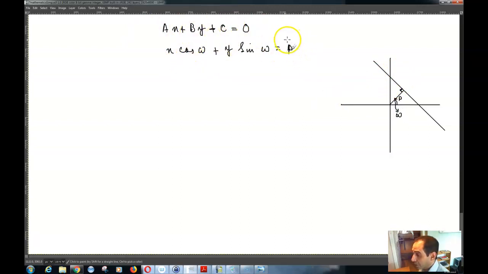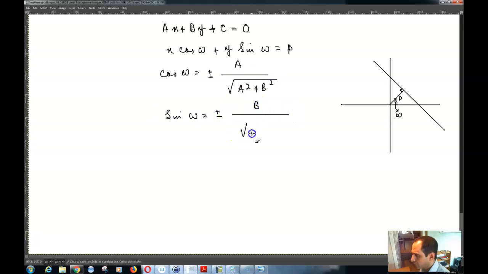Now, in this configuration of the equation of the line, we said that cos omega is equal to plus or minus a over the square root of a squared plus b squared, and sine omega is equal to plus or minus b over the square root of a squared plus b squared, and p is equal to plus or minus c over the square root of a squared plus b squared.